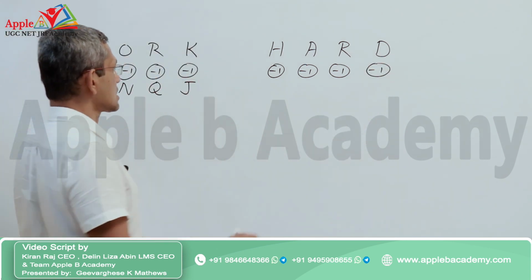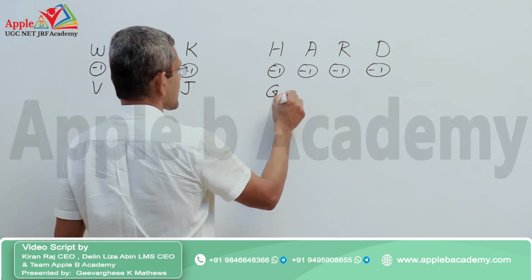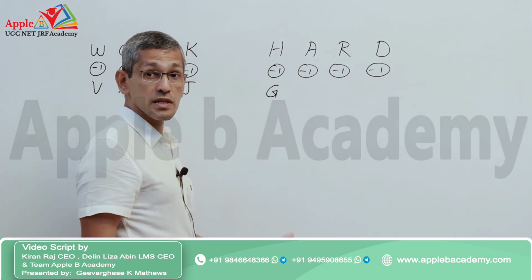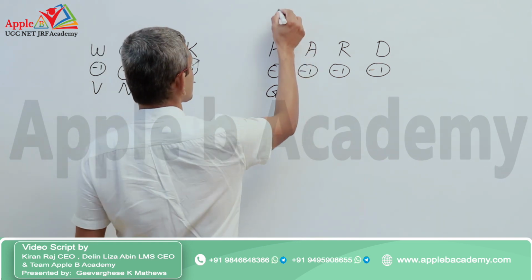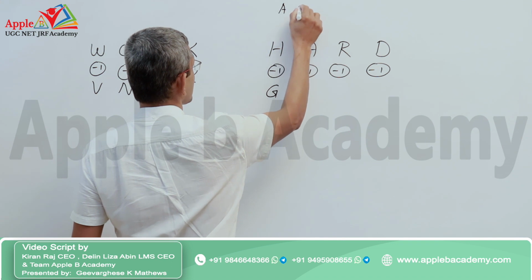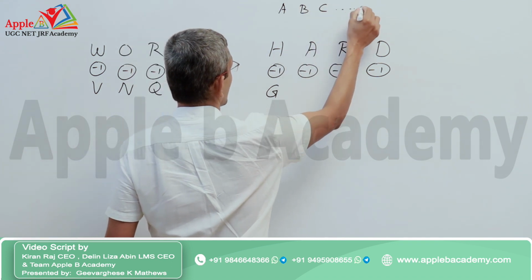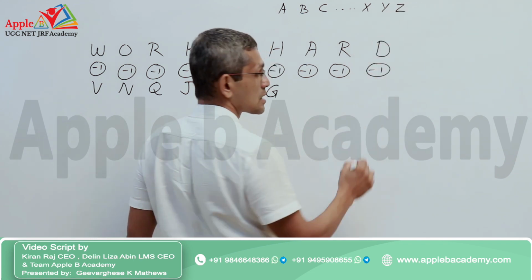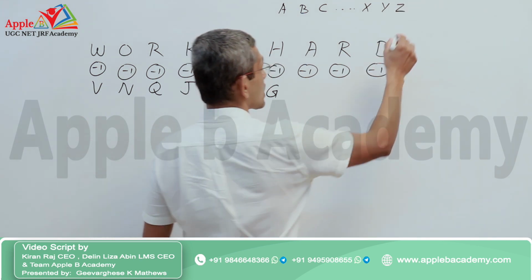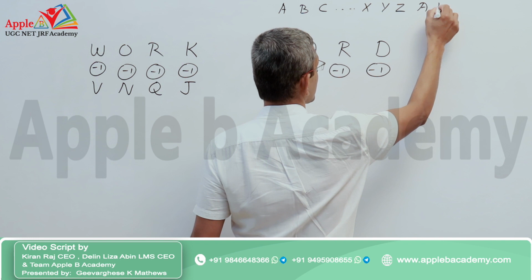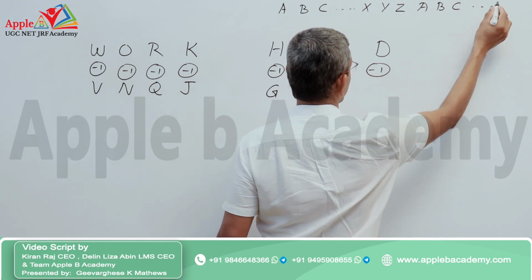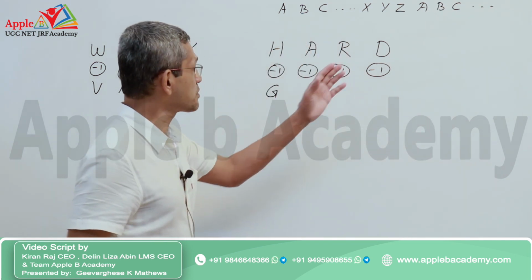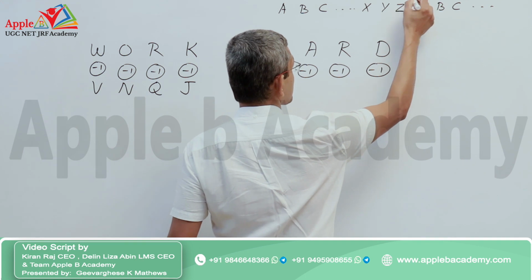So if it is H -1, it is G. A -1. If it is A, B, C up to X, Y, Z, then after Z, we'll have A, B, C, etc. So which would be the letter immediately before A?